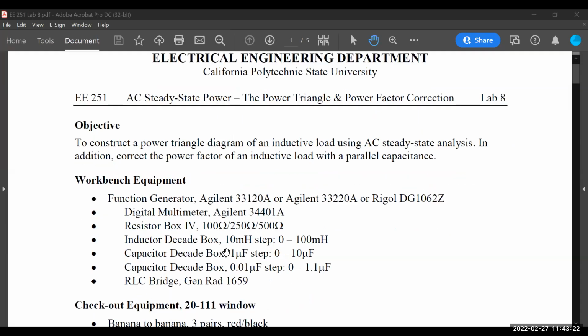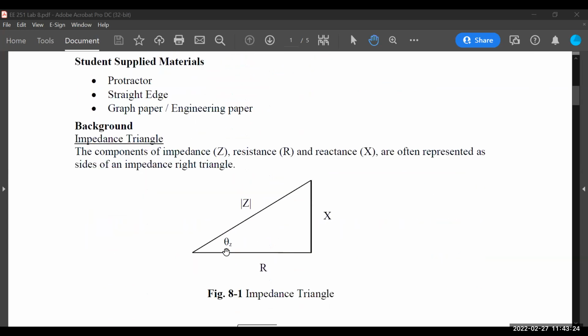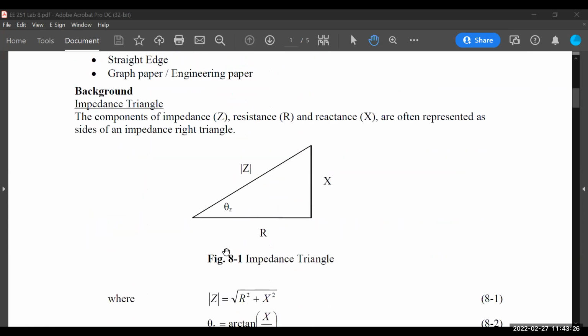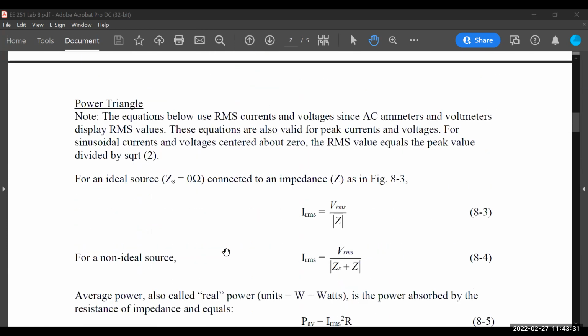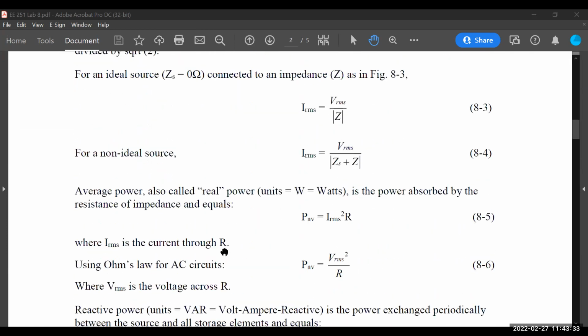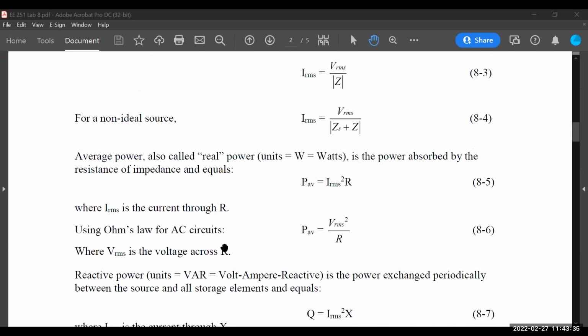As usual, if we scroll down into the background, it tells you all the information and all the equations that you need to solve the questions. All of the equations that we learned about in chapters 1 and 2 for power still apply, but the format is a little different.